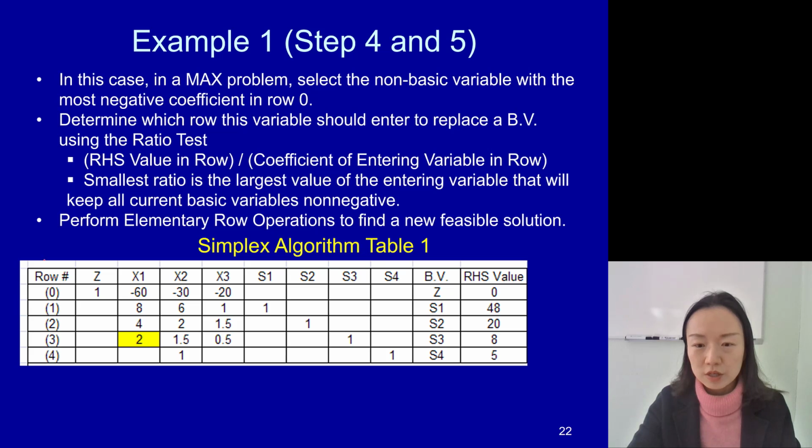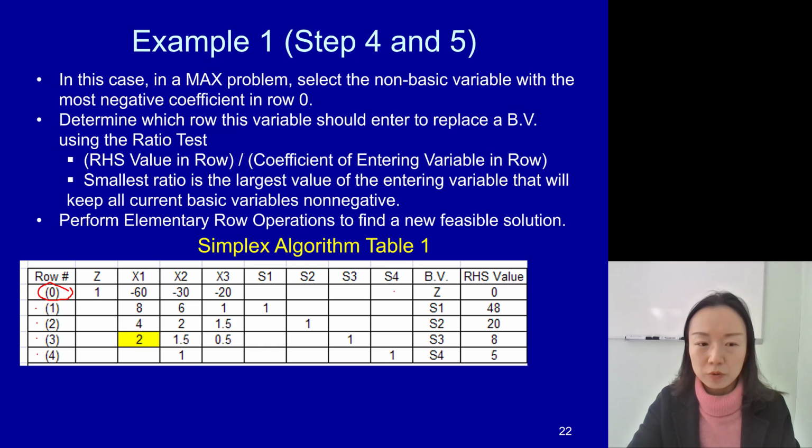So that's the first step. We put them into this table format. We're going to list several rows. Row 0 represents our objective function row. And rows 1, 2, 3, 4 represent our constraints, because we have 4 constraints, right? And we would put in each row the coefficients of our variables in that function.